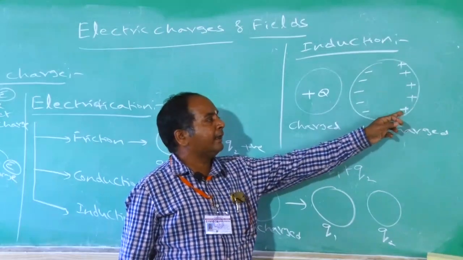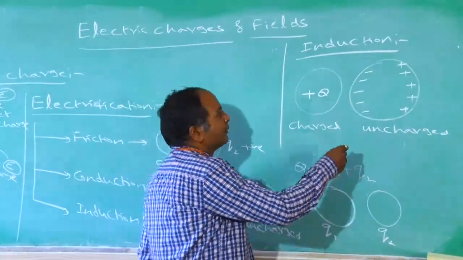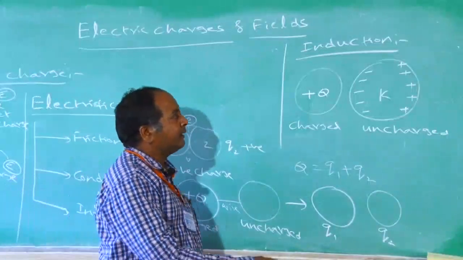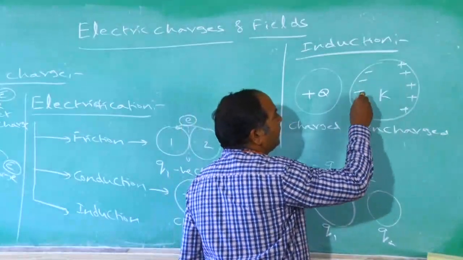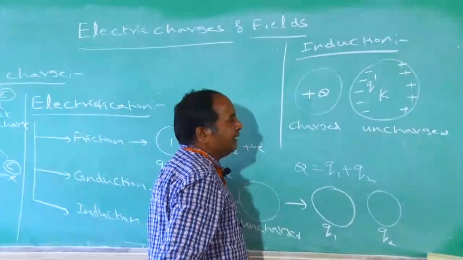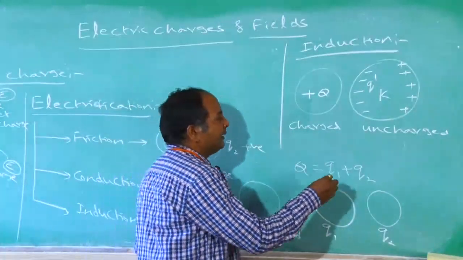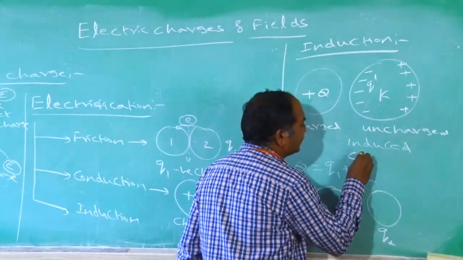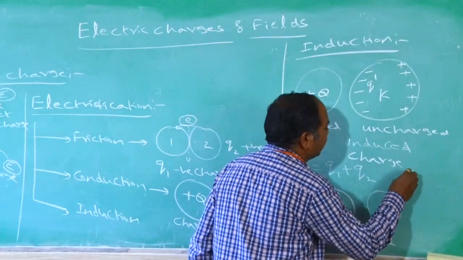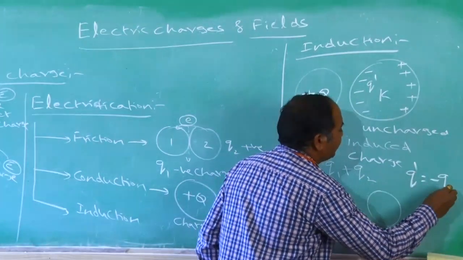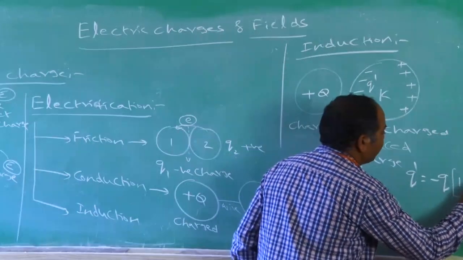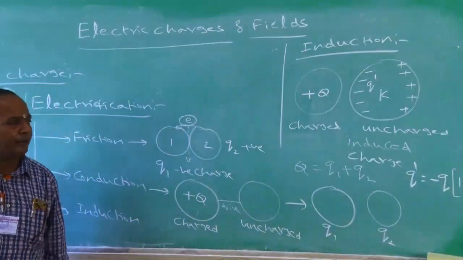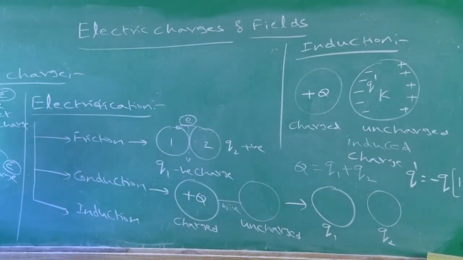Suppose K is the dielectric constant of this uncharged body and Q dash is the induced charge. Then we may write the induced charge Q dash is equal to minus Q into 1 minus 1 by K.